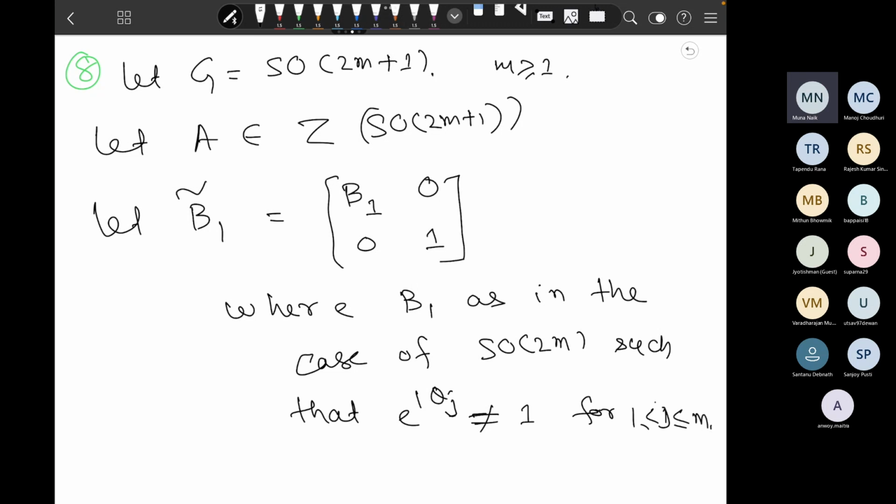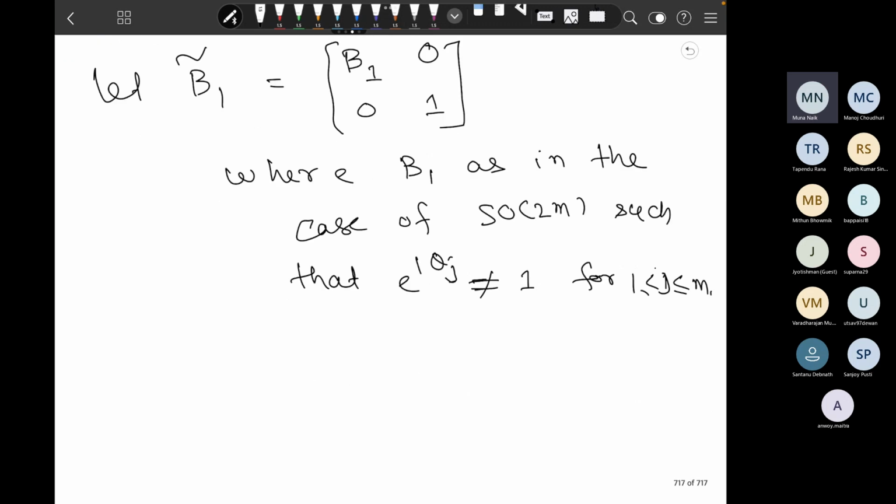That will automatically imply that e to the power minus i theta j is not equal to 1. So this has a different eigenvalue.